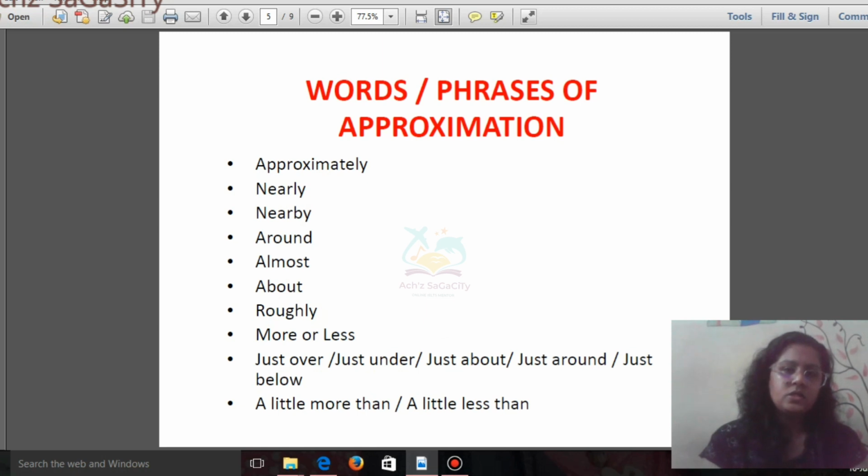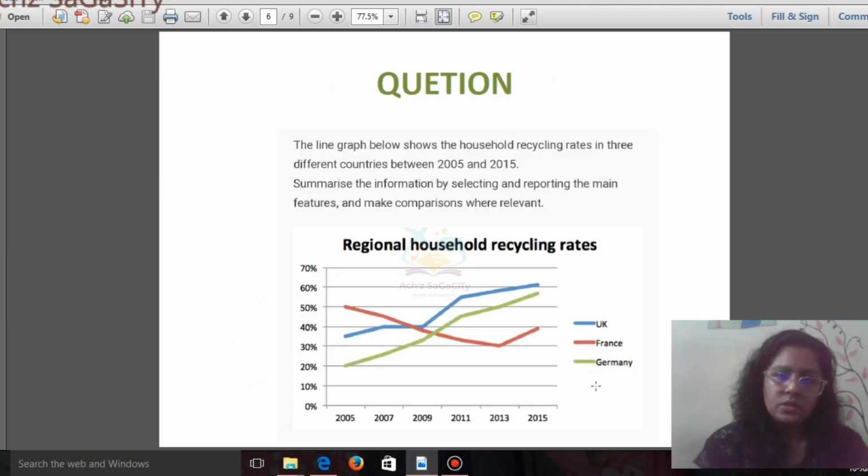Then also the approximation words. Most of the students don't follow all these things. So, the words and phrases of approximation. Here you can see the line ends between 30 and 40. They didn't mention exactly 35 percent, so we can't write an accurate 35 percent.